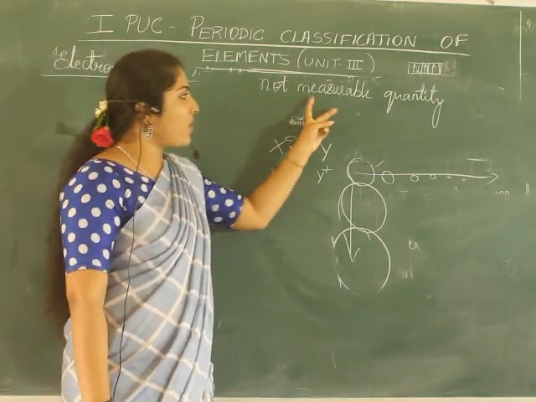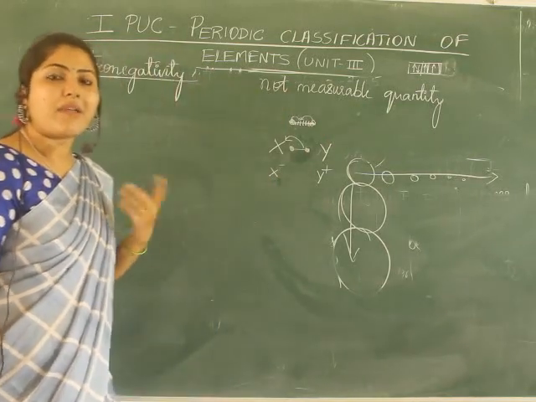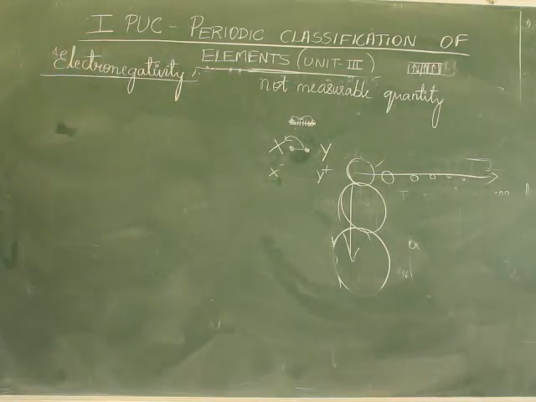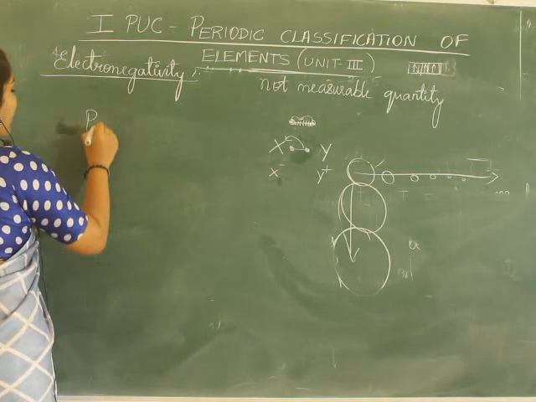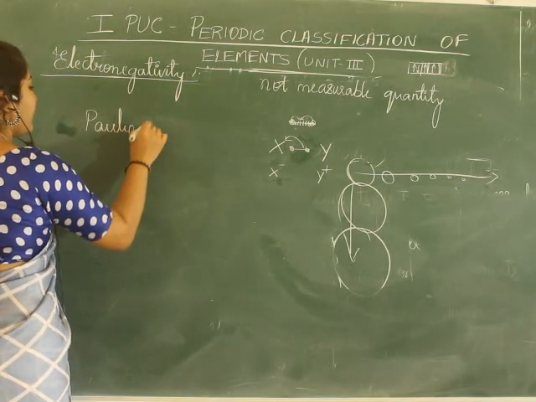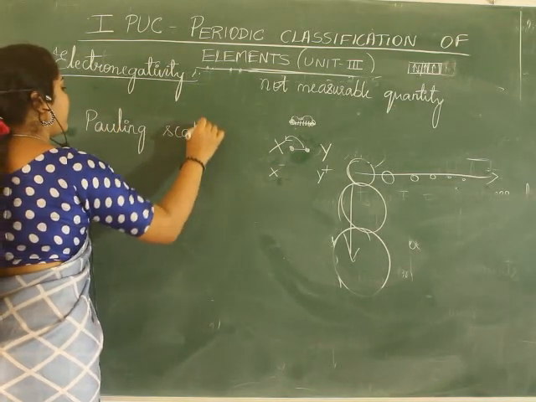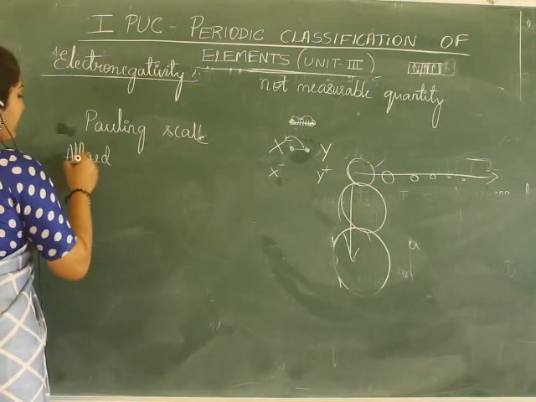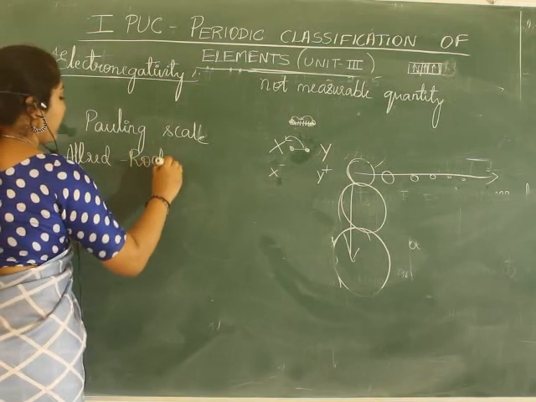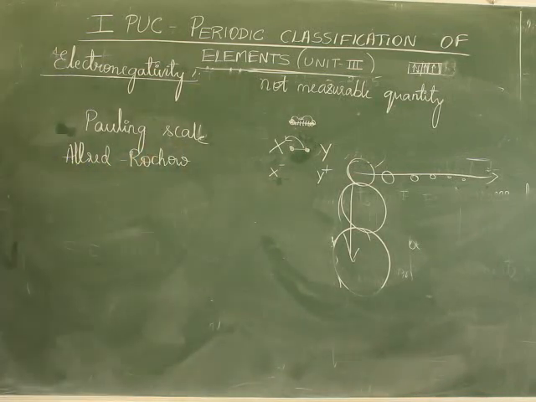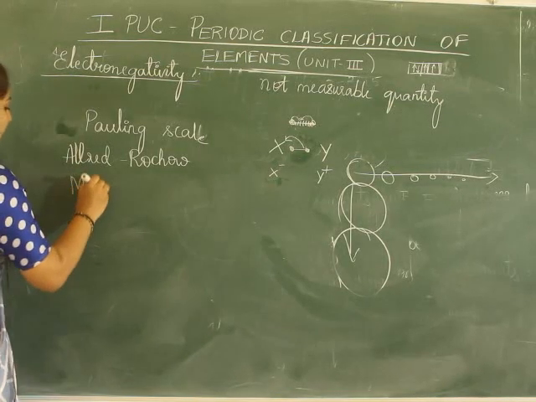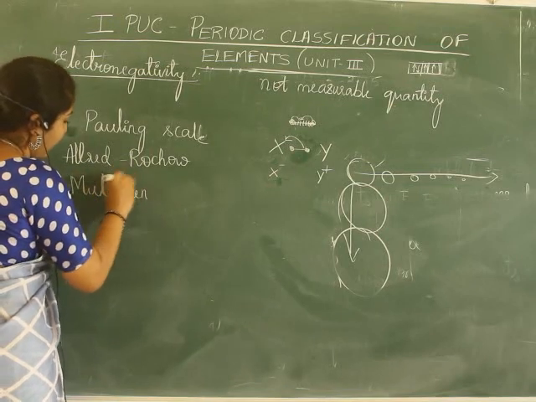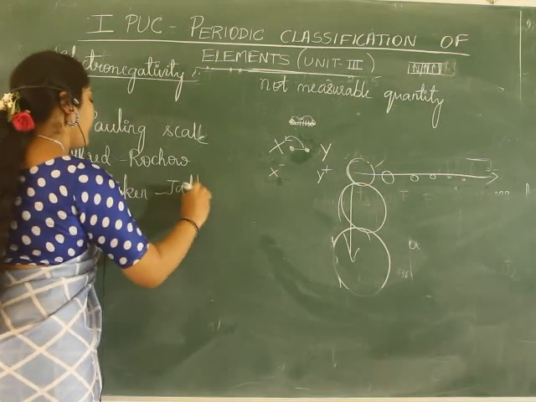I have told you that it's not a measurable quantity, but it can be measured using some scales like the Pauling scale, Allred-Rochow scale, and one more is the Mulliken-Jaffe scale.